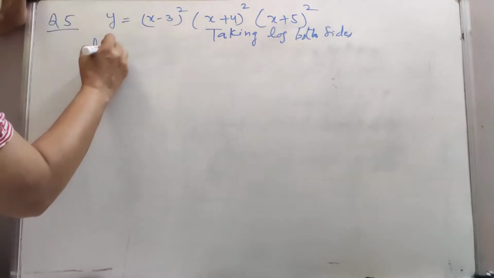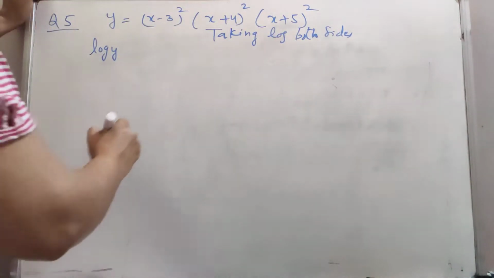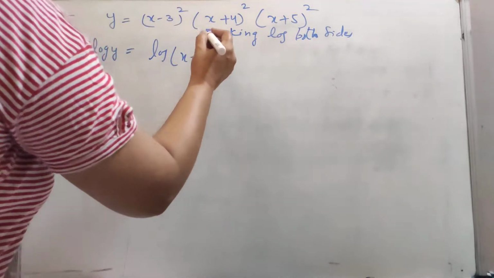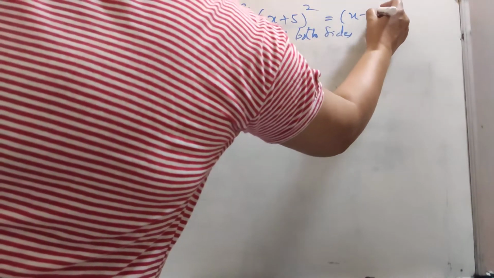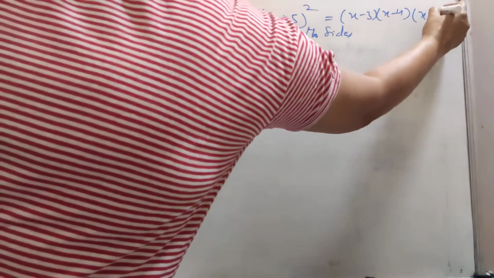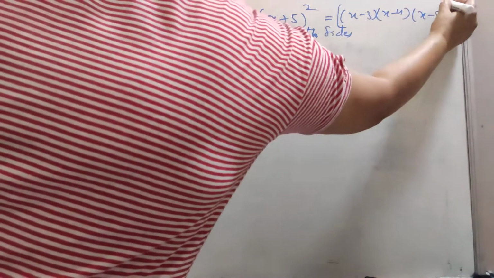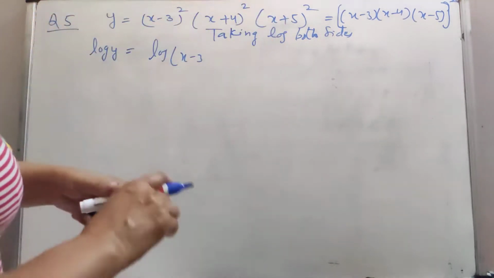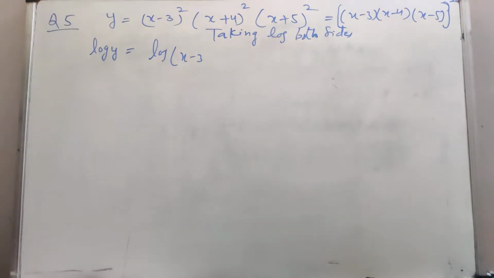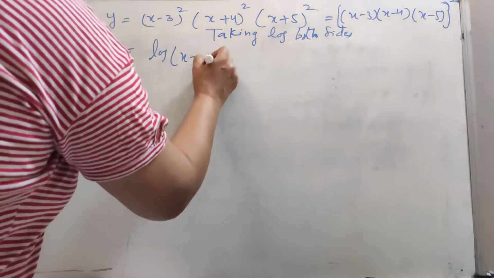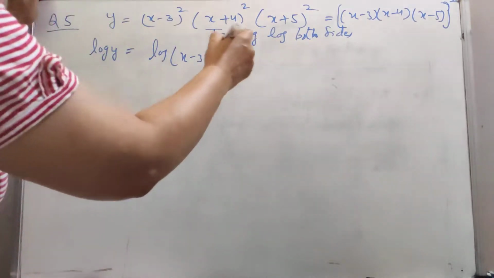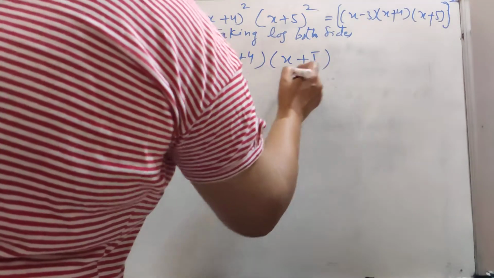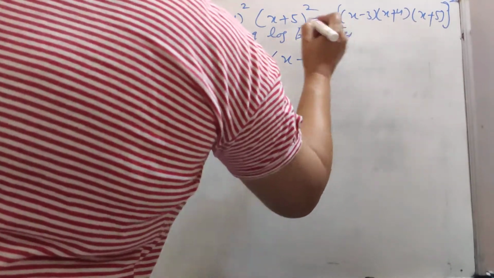So this will be log of y and this is the whole term, log of (x minus 3), (x plus 4), (x plus 5) whole square. Because here is also square, I keep the product here and the power is the same.